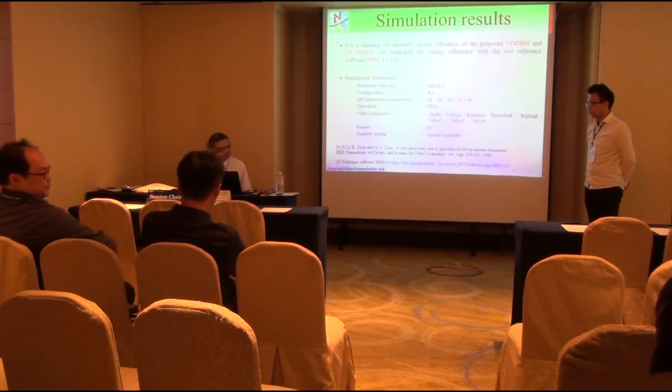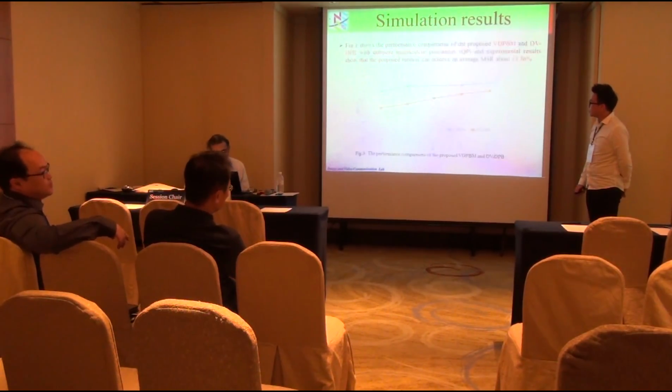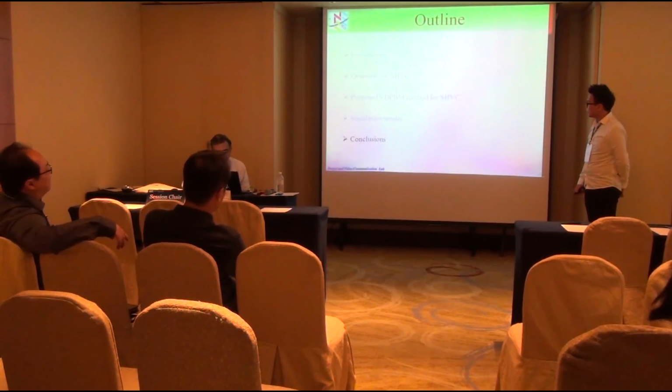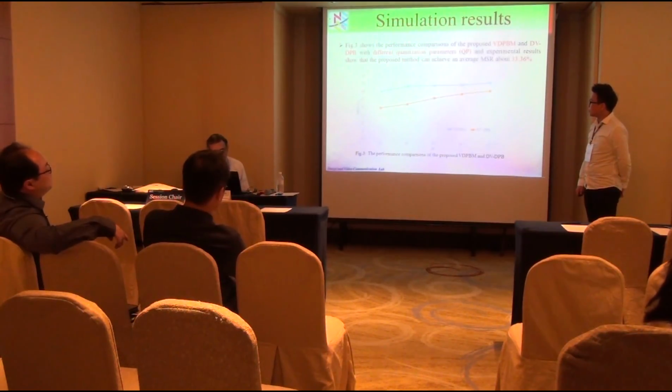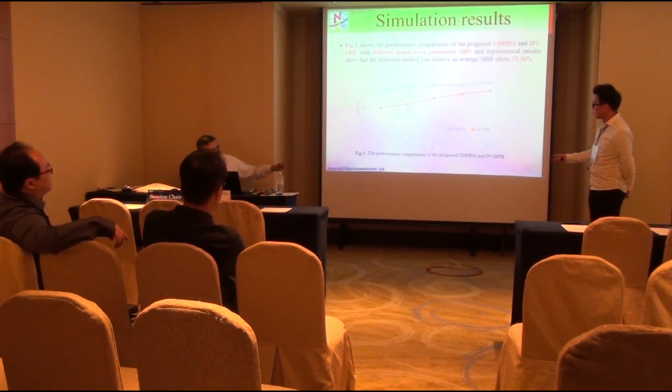Thank you. In that last figure, where you have this graph, on the x-axis you have this QP. So higher QP means lower quality or higher quality? QP is quantization, right?